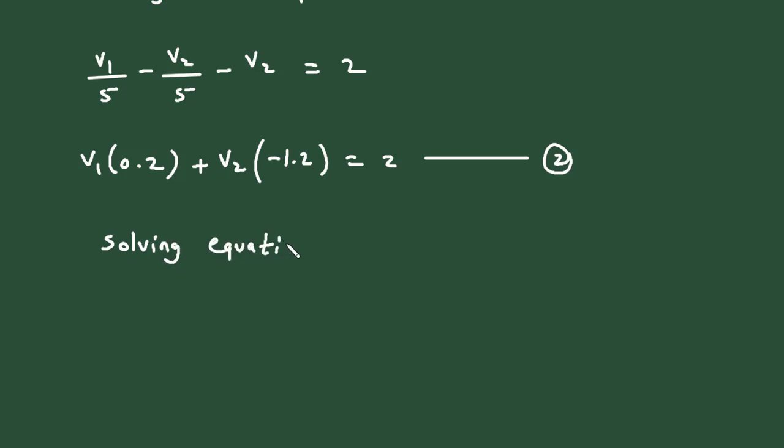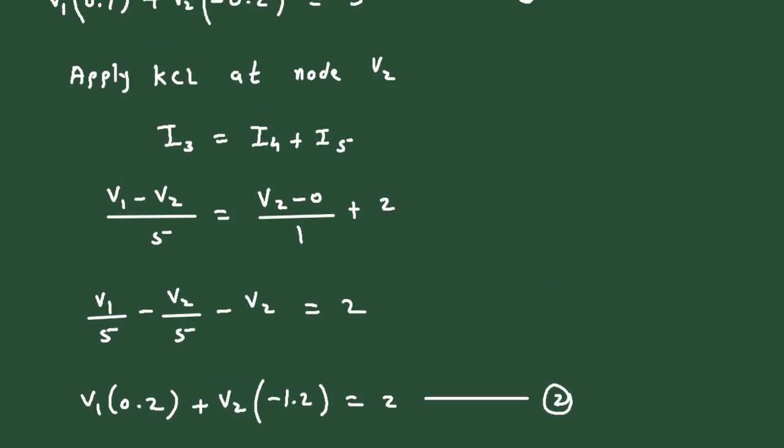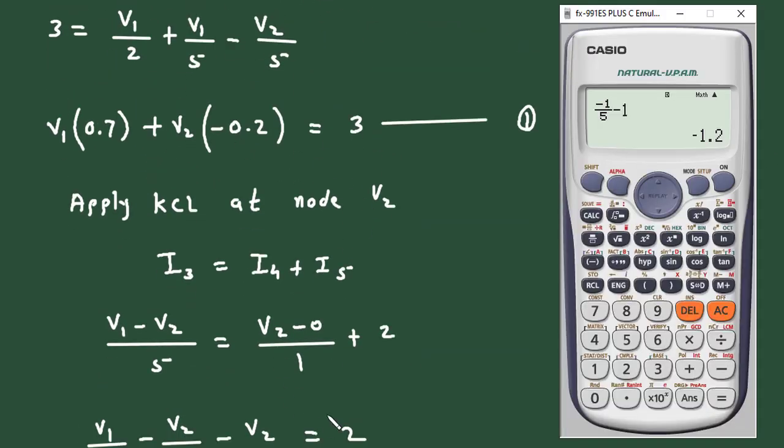Solving equations 1 and 2, we get V1 and V2. So let's substitute these values in the calculator. Mode 5, then 1. So it is 0.7, then minus 0.2, then is equal to 3.